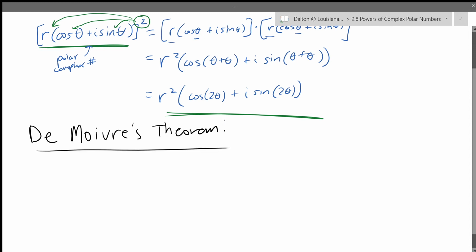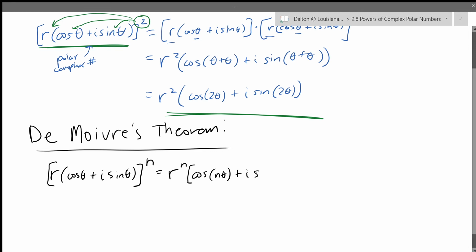De Moivre's theorem states that r times the cosine of theta plus i times the sine of theta, all to the nth power, so not just squared but any power n, can be rewritten as r to the n power times the cosine of n theta plus i times the sine of n theta. This is the big takeaway from today. You will have to know this for your test.